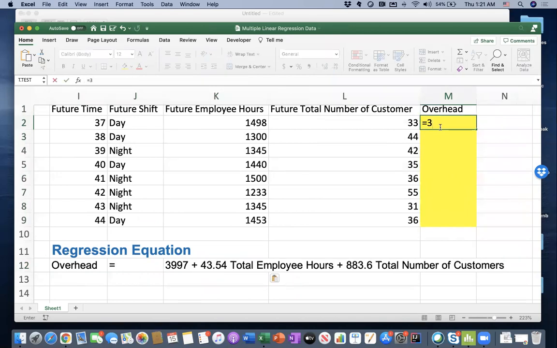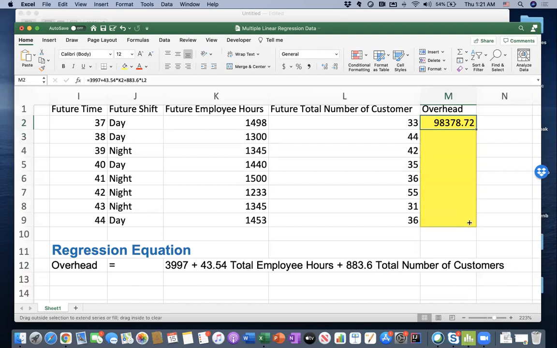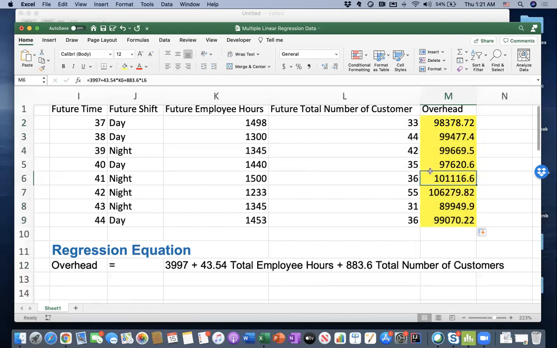I can calculate my overhead now. 39.97 plus 43.54 times my total employee hours. My total employee hours is going to be stored here, plus 0.6 times my total number of customers. Okay, there you go. So these are my overhead estimates by using multiple linear regression.